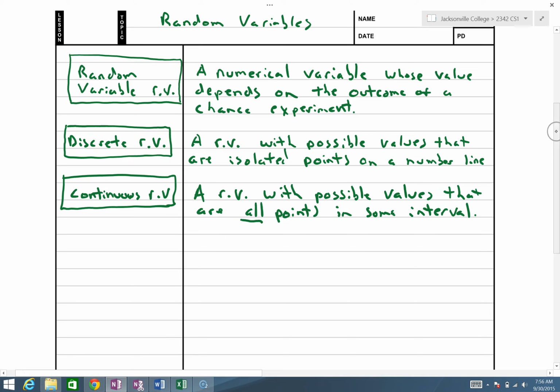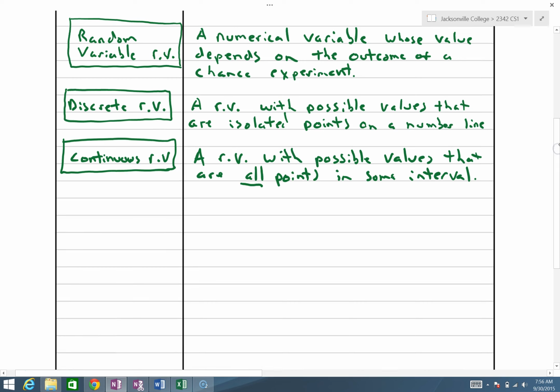All right, let's look at a couple of specific examples. Example number 1. We're going to let x equal the number of boys that a couple will have if they plan on having 3 children.